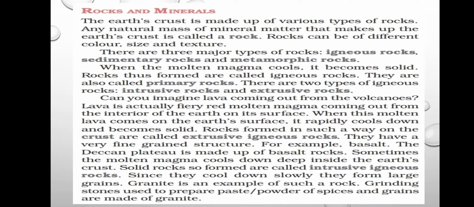Igneous rocks can be divided into two types: intrusive igneous rock and extrusive igneous rock. Intrusive means the igneous rock which is formed inside our earth's crust. They are mainly formed by the solidification and cooling of magma inside the earth's crust.